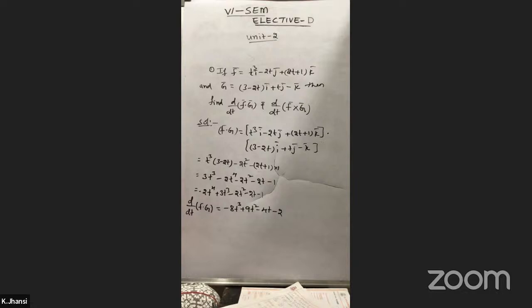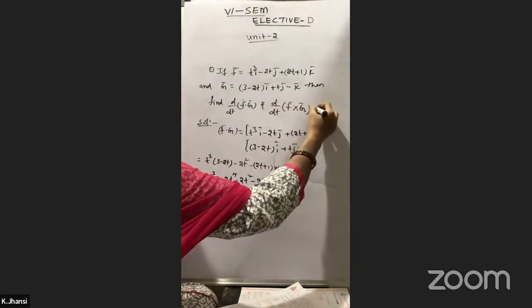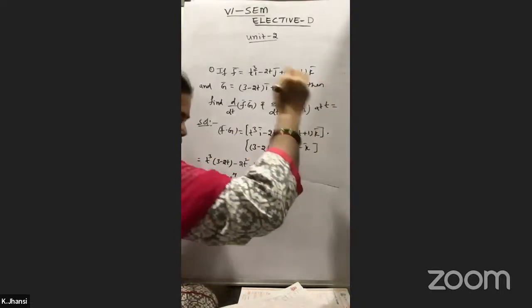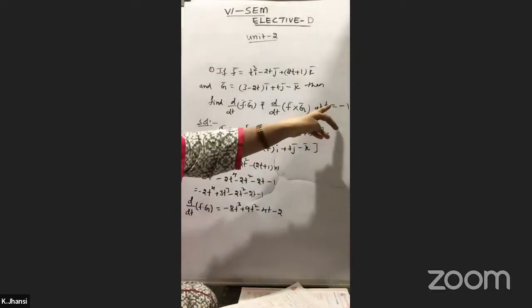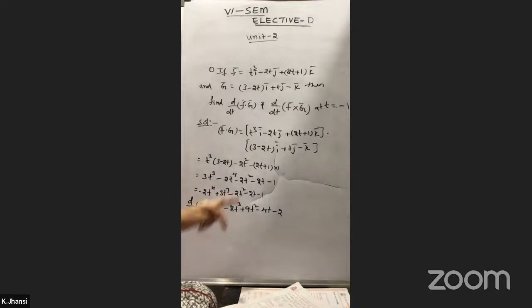Okay. So whatever the value is there, we got it as 8t cube plus 9t square minus 4t minus 2. Okay, so he is asking to find these values at t equals minus 1. So you have to substitute the t value here. Wherever t is there, you have to substitute that value as minus 1.